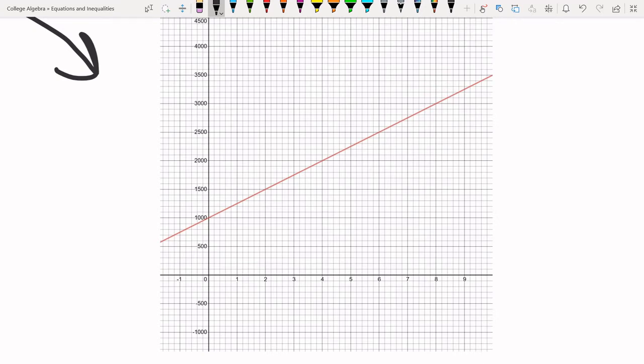There's no algebra here. I'm not writing down equations or anything, but I'm showing the exact same relationship. This is 1,000 plus 250 W. There are a lot of nice visuals that math has if you can write it in the right way. And that's what this Cartesian coordinate system does.